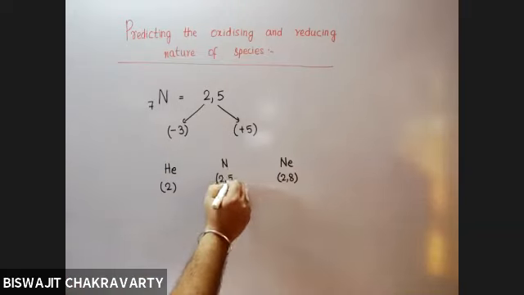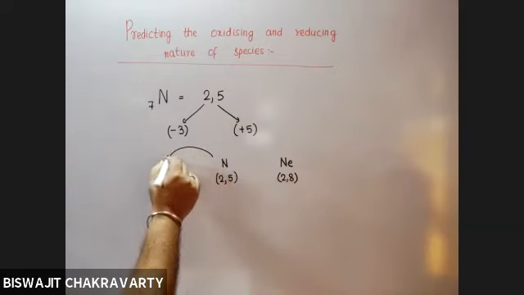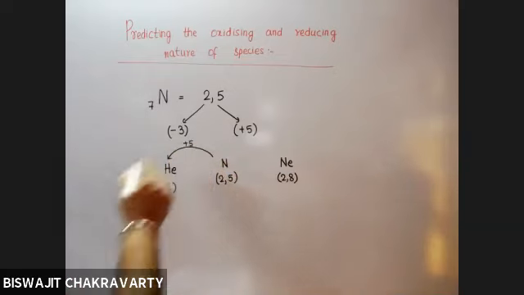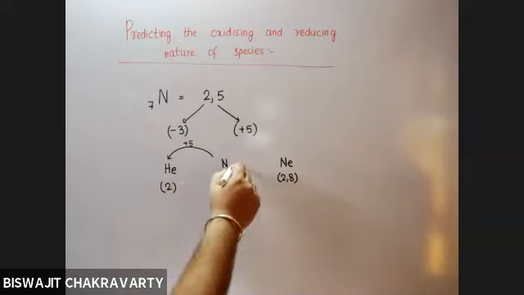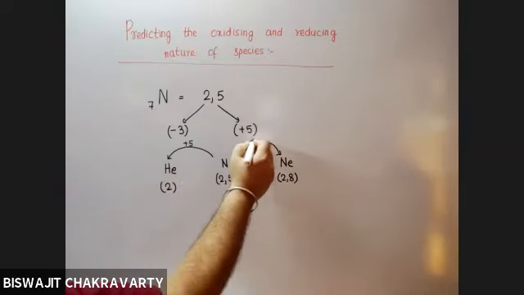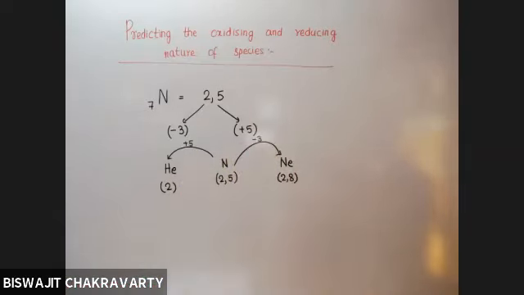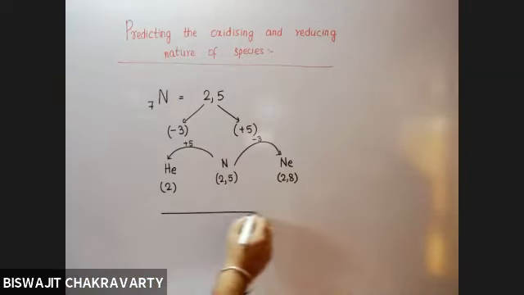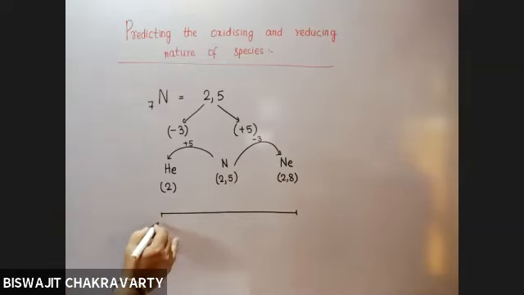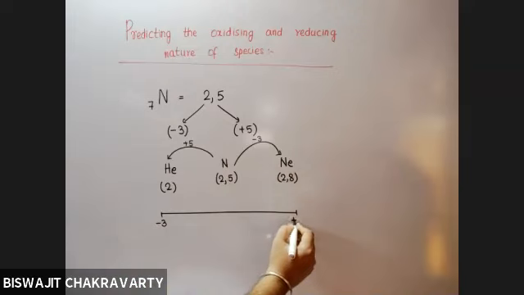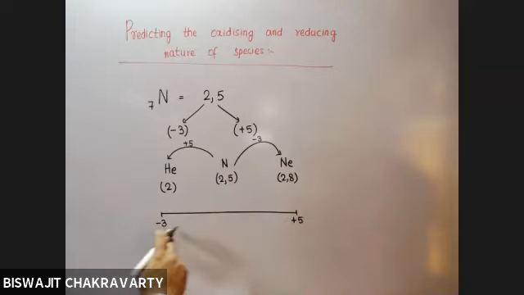So in order to become helium, it is supposed to lose 5 electrons, and in order to become neon, it needs to gain 3 electrons. That is why we can say that the range of nitrogen, according to the number line, is from -3 to +5. It can show oxidation states starting from -3 to +5. See whether it is clear or not. It's a very, very important concept.